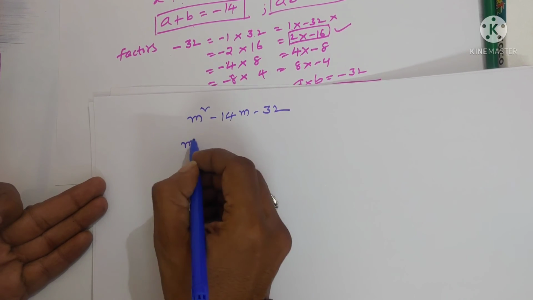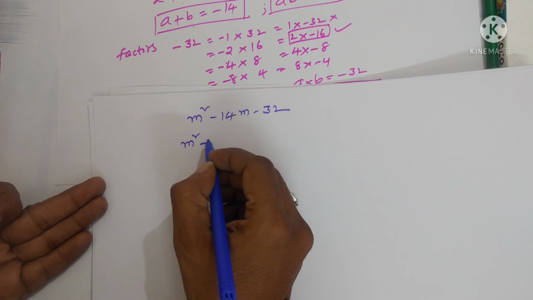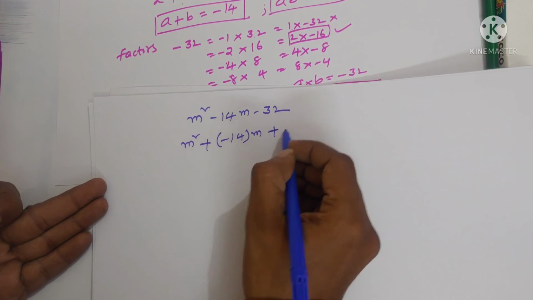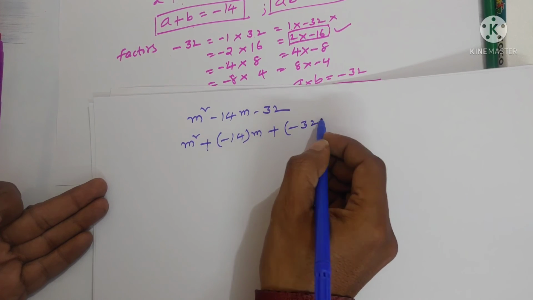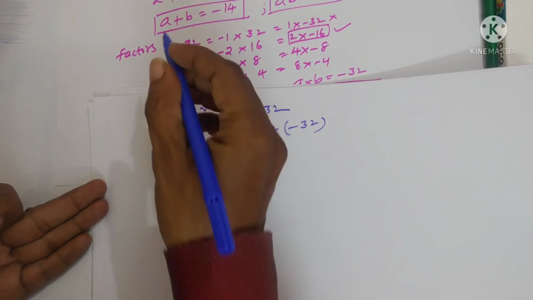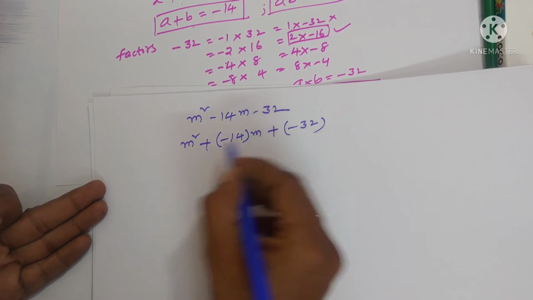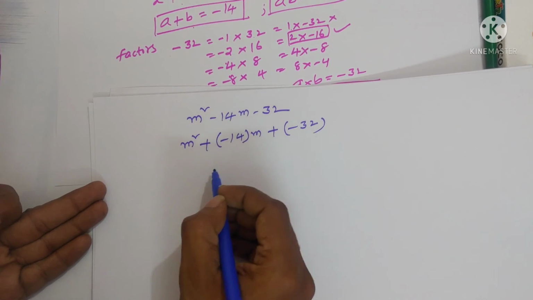Here minus 14m, just separate it for understanding purpose, and here also plus or minus 32, which is clearly in the form of x square plus (a plus b) x plus ab. That's why we are taking here plus into minus.